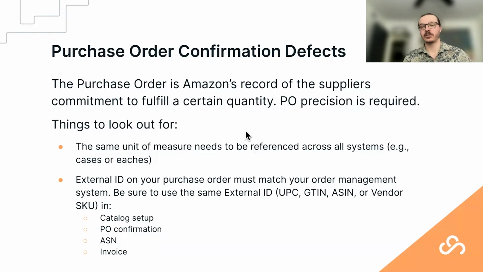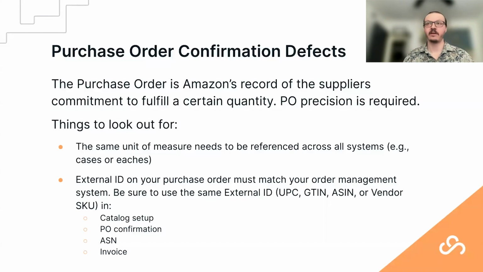So if there's any issues, whether that is with how an item's set up, Amazon orders an old item, an obsolete item, or an item that's got incorrect item attributes, it's really the vendor or the supplier's responsibility at this phase to reject the line item in order to help teach Amazon's ordering algorithm to order correctly or to rectify the issue in the item setup so that Amazon can reorder correctly.